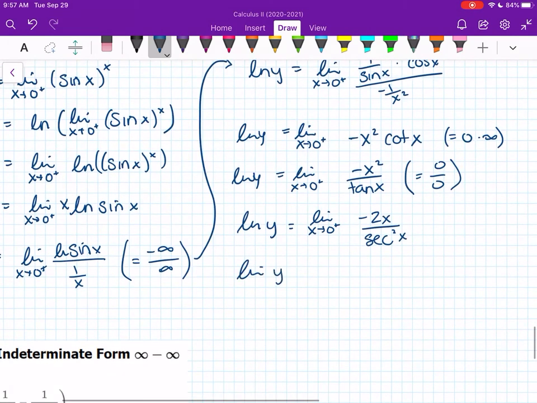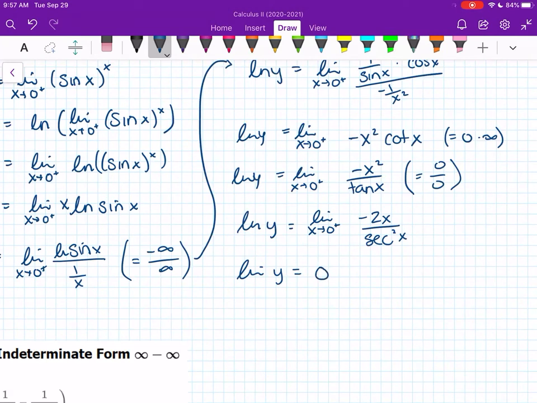You can graph that if you want to, to convince yourself. Secant squared, you can think about it as 1 over cosine squared, right? And so thinking about cosine approaching 0, I get 0. So then I get that the natural log of y is going to approach 0 there.